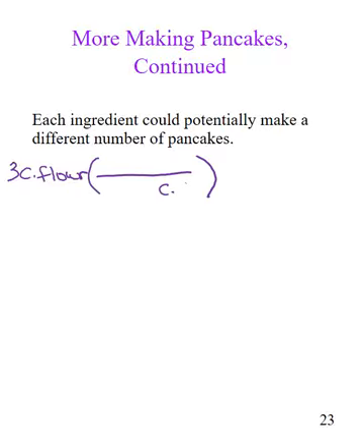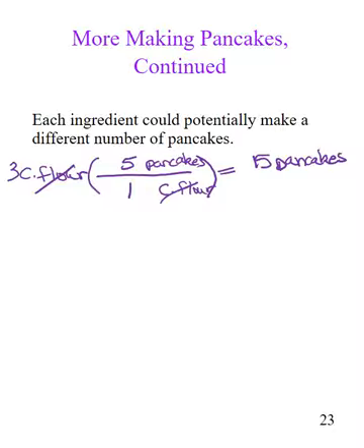And cups of flour will go on bottom, and we're going to go into pancakes. We know from the relationship for every 1 cup of flour that we will have 5 pancakes. So cups of flour cancels off, and we are left with 15 pancakes. But that is only if we have 3 cups of flour.